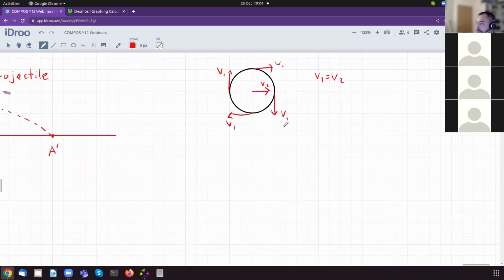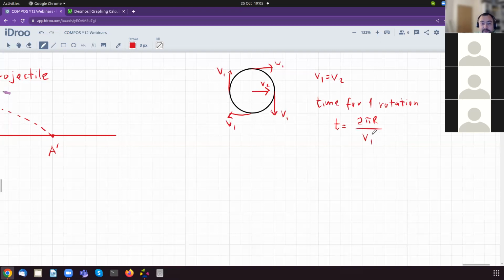It's not obvious that they are the same, but you can say that the time for one rotation is t equal to 2 pi r, the distance traveled, divided by v1.